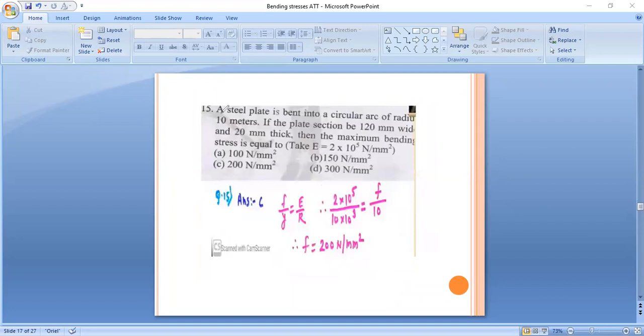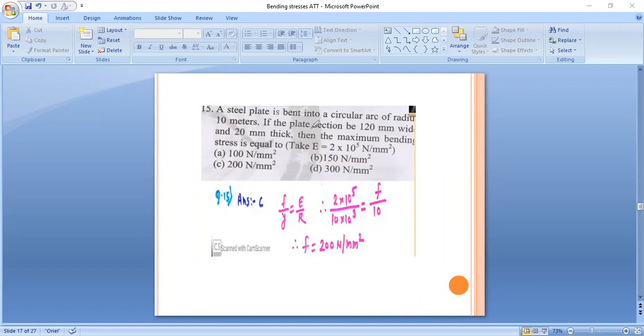The next question. A steel plate is bent into a circular arc of radius 10 meters. Here radius is given as 10 meters. If the plate section is 120 wide and 20 thick, then the maximum bending stress is equal to, and here E is also given.